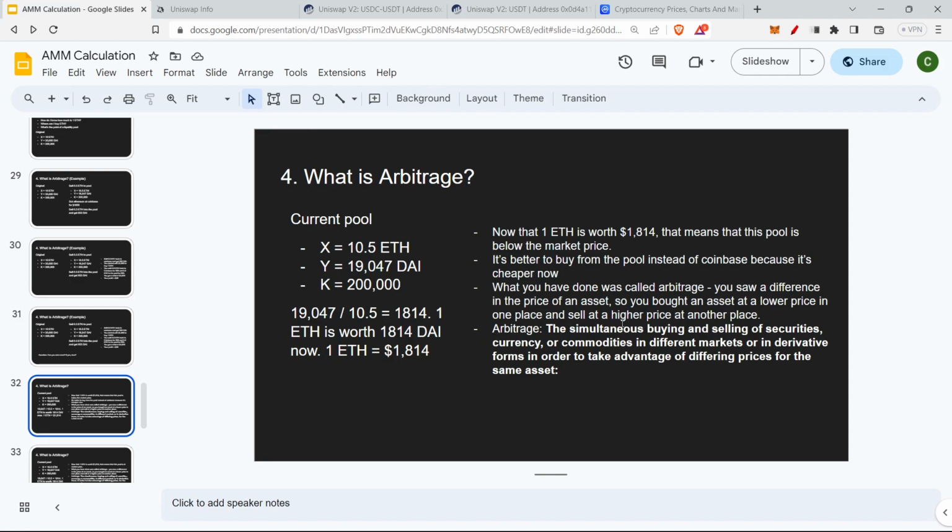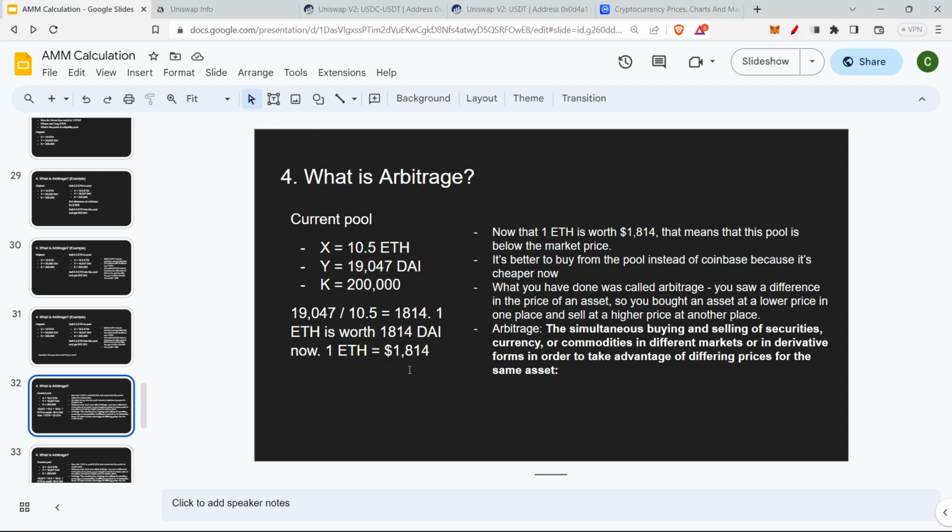This is the real meaning of arbitrage: the simultaneous buying and selling of securities, currencies, or commodities in different markets. So in this case, the buying and selling of tokens in different exchanges in order to take advantage of differing prices for the same asset.